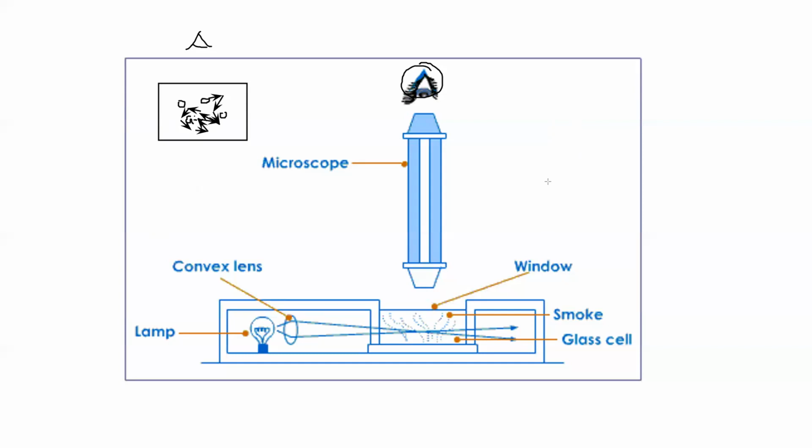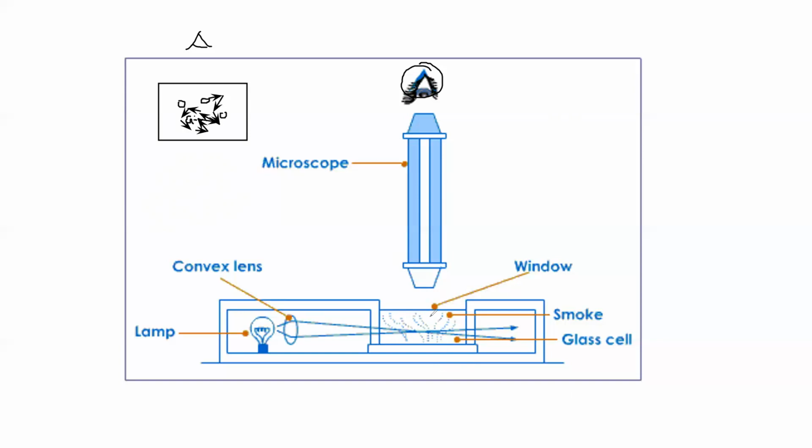So the main purpose of the smoke particle is that smoke particles are visible, so we can see them. If there were only air particles, we could not see them. Even the air particles around the smoke particles, we cannot see, because air particles are not visible with the naked eye.